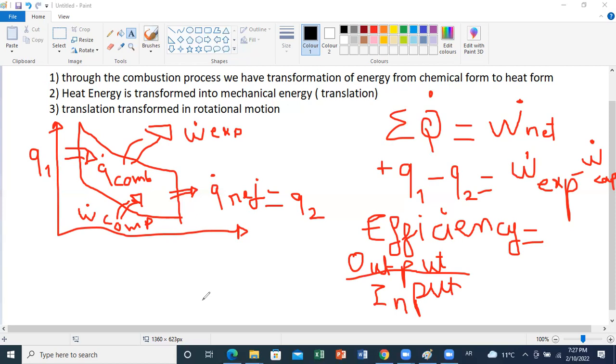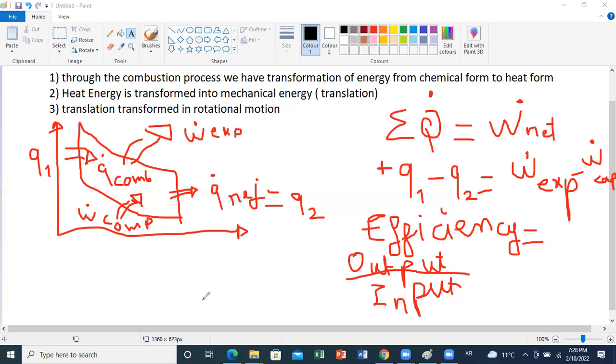So I'm transforming combustion into mechanical energy. Okay. This mechanical energy can be quantified by what? Which parameter? You are producing work in this problem, okay?